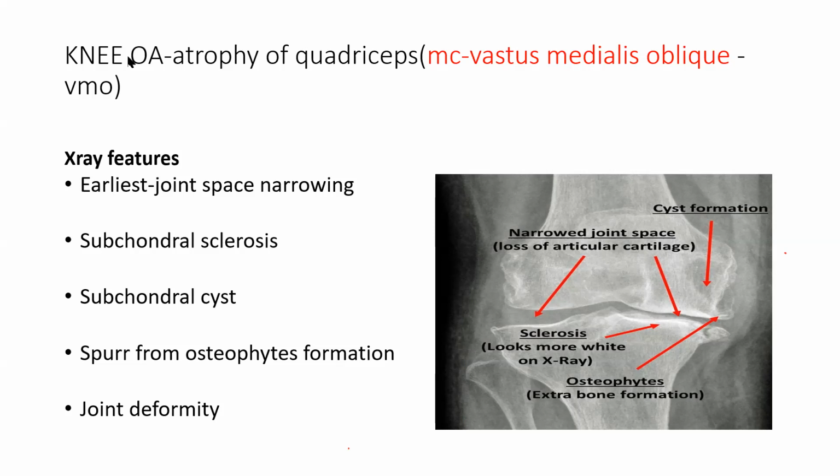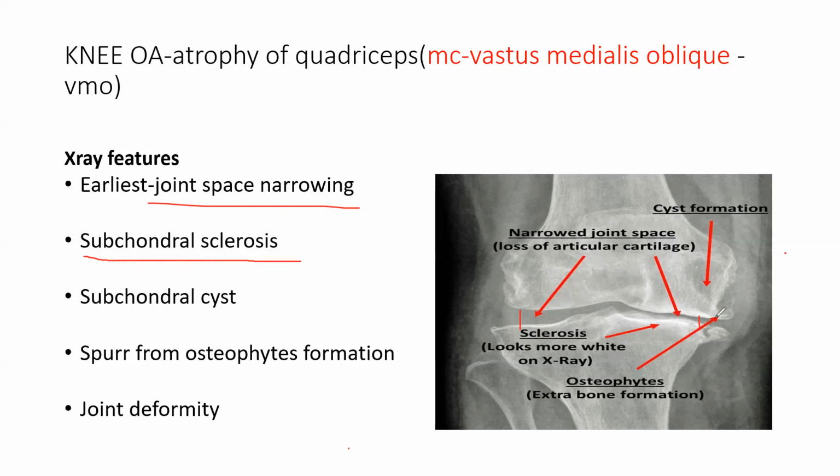So the main and earliest feature of knee OA, or osteoarthritis, is joint space narrowing. How will you know? You look at the joint space on both sides. You see this side joint space is decreased, so there is a medial joint osteoarthritis. What else will you see? There is subchondral sclerosis. Subchondral means below the chondrum.